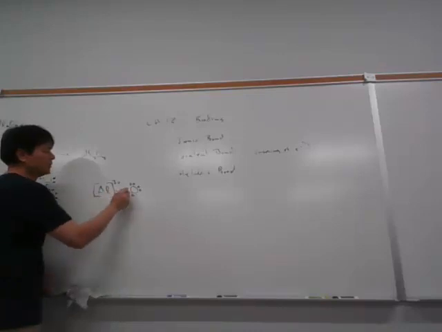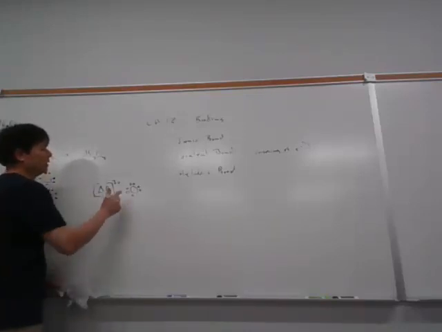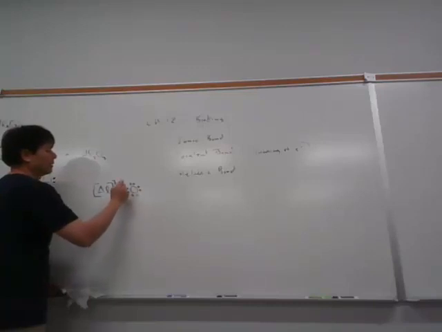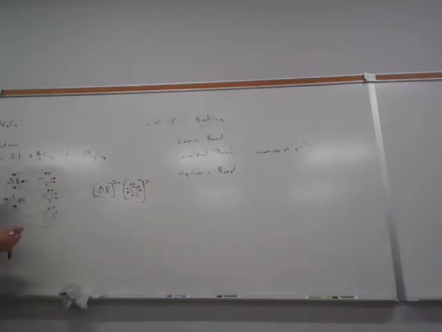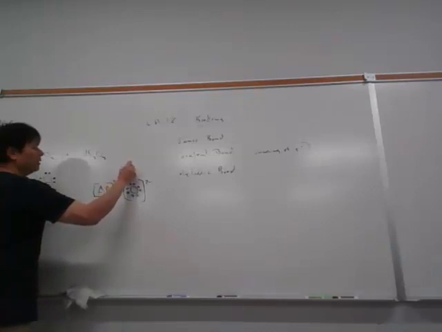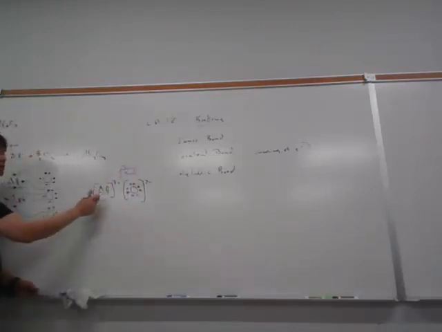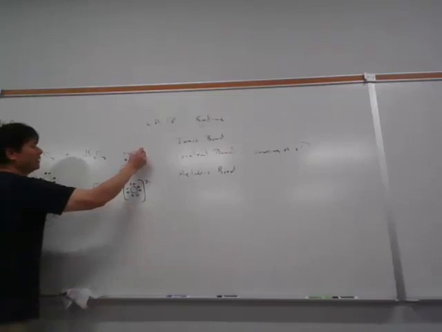It's going to gain 2 electrons from the aluminum here, and that's going to give it a charge of -2. What holds these together is the ionic bond. Ionic bond is the charge between a +3 ion and a -2 ion.